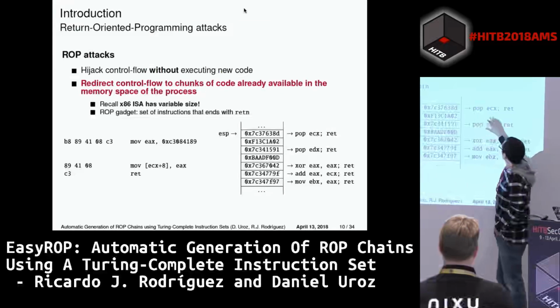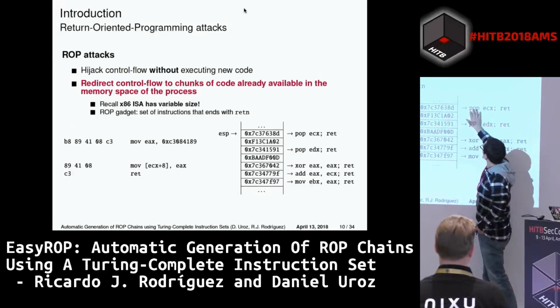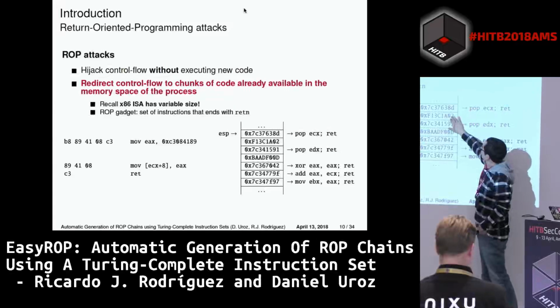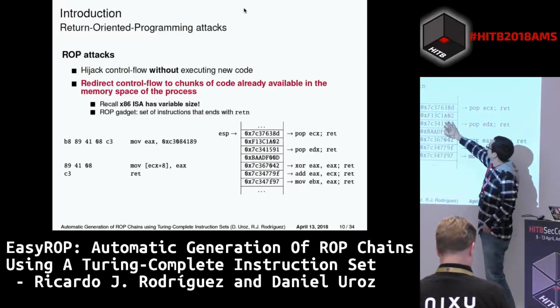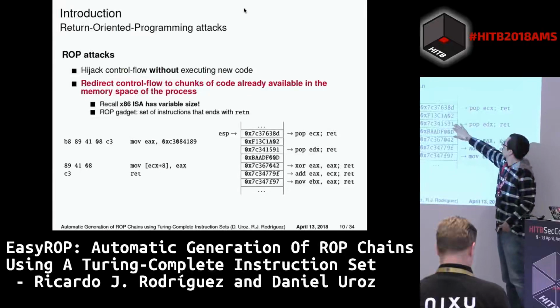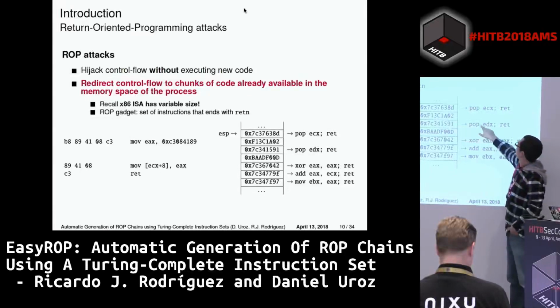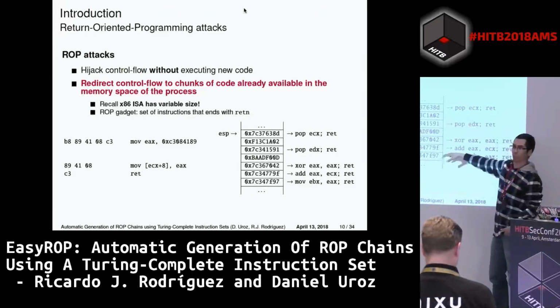What I'm doing here is just popping a value from the stack, and I'm setting that value, this one in this case, in the ECX register, and then I'm returning. So the execution will return here. We'll get this instruction to see what has to be executed. In this case, it will pop another value into the EDX register, and so on and so forth.